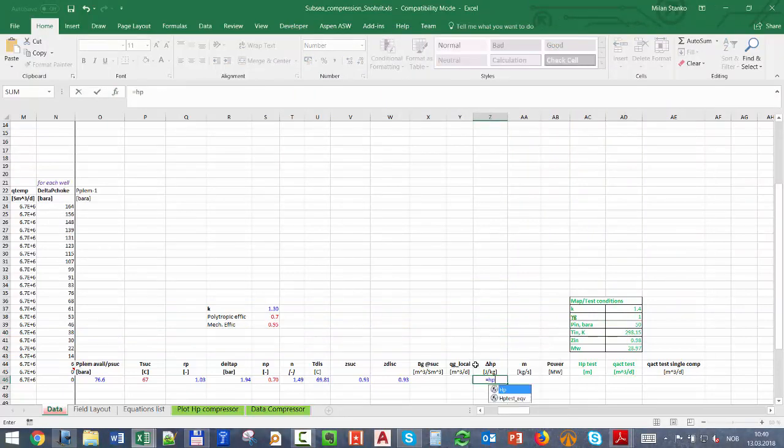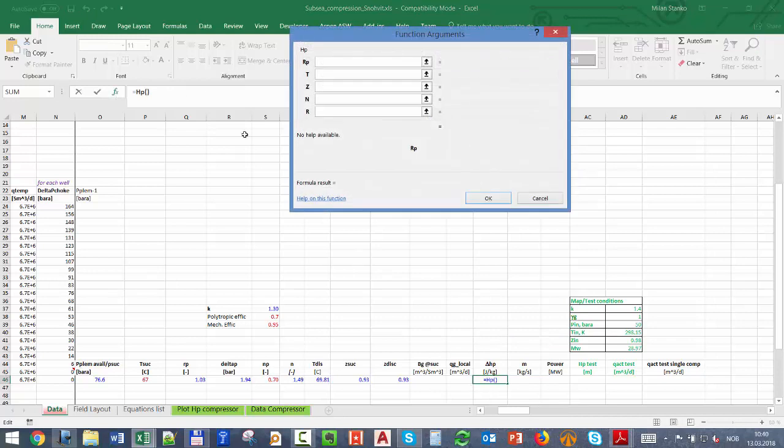I have to put HP, RP, inlet, suction here. Then I have to make myself the deviation factor. What factor do I have to use? Average. The average, okay.